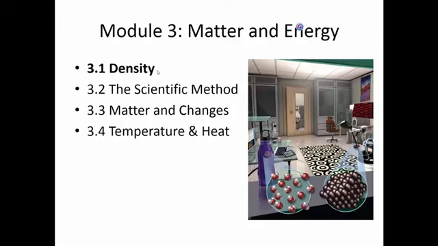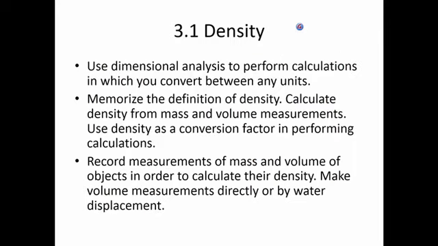So the first section here is on density, which is a continuation of what we were seeing in Module 2. Okay, so these are the learning objectives for this section of the module.